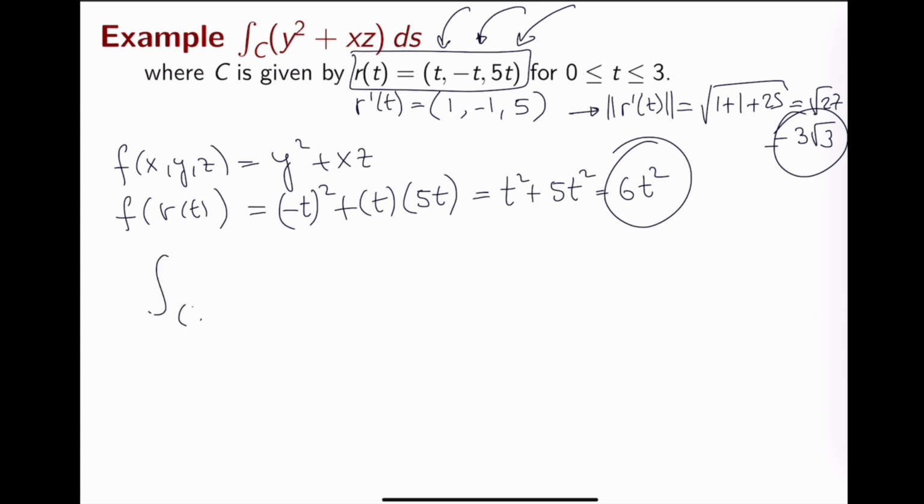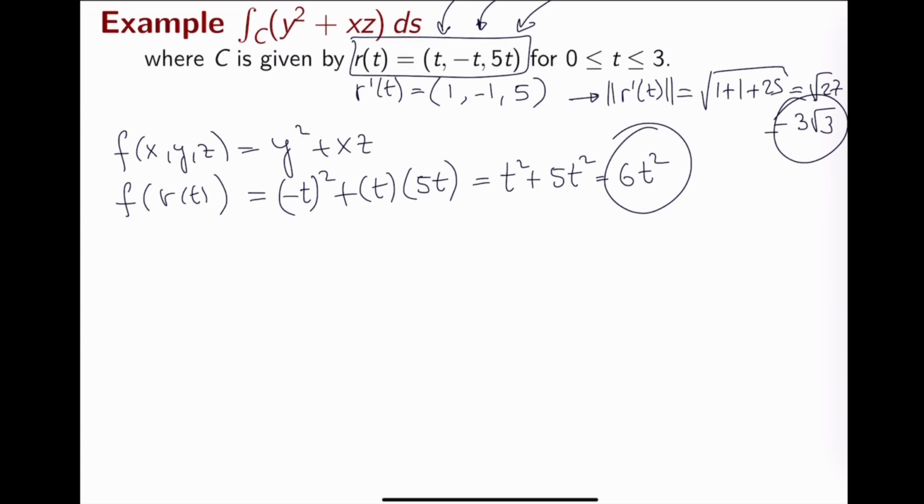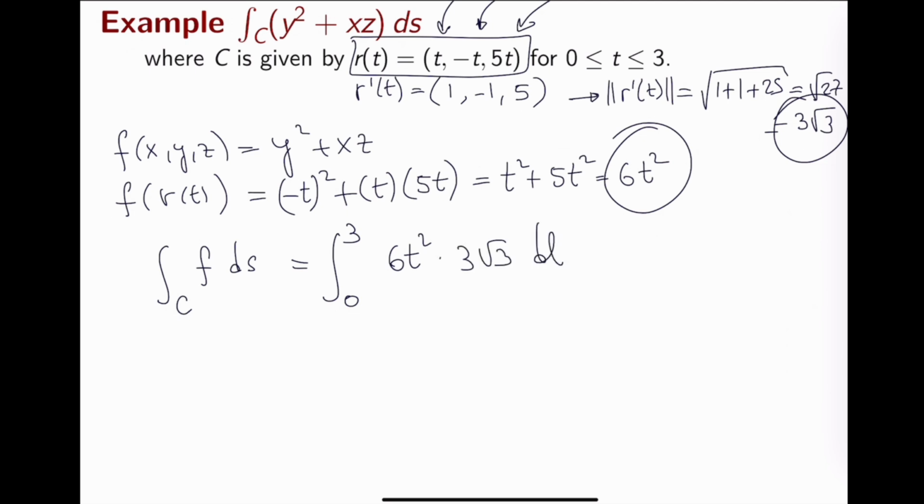So the integral over c of this function is going to be equal to the integral from 0 to 3 of, and what we put inside is the function 6t squared times 3 square root of 3 dt.